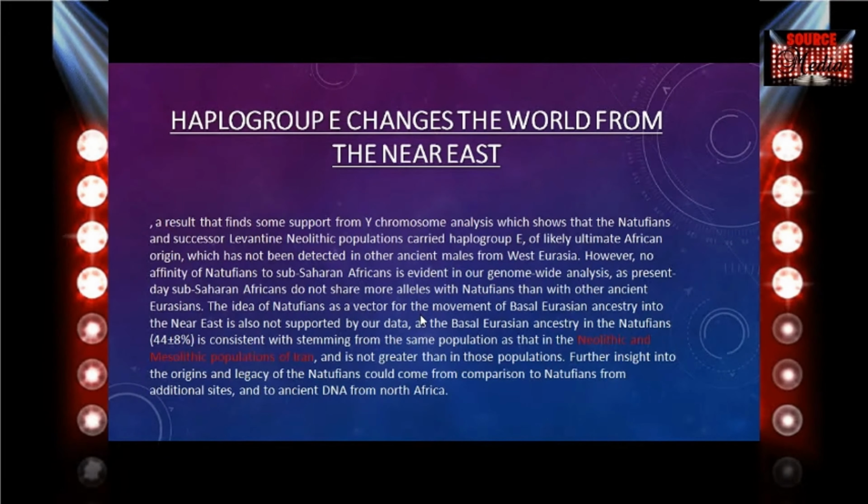We just saw what the Mesolithic population of Iran was. It was E1b1a1 or EM2. So something that's more basal, or something that stems from E1b1b and E1b1a, or something that is before that, is EP2, which I keep arguing and pushing for. It is not greater than in those populations.